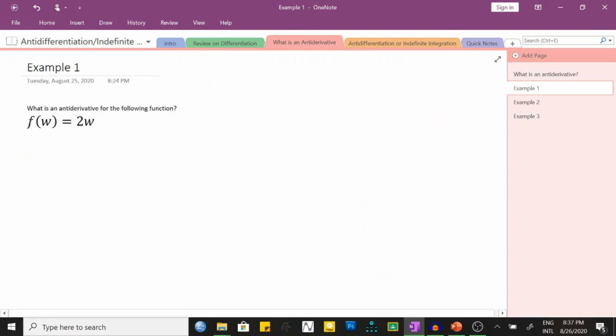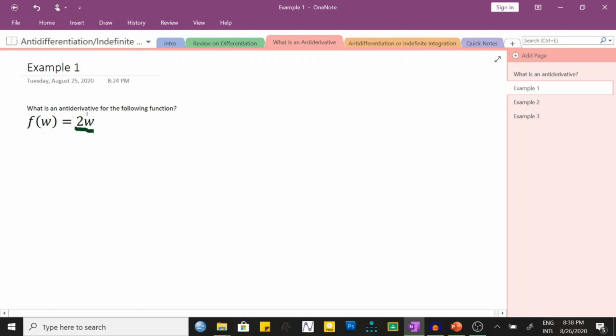So what is an antiderivative for the following function? f of w equal to 2w. This problem can be translated to: what is a function that, when differentiated, the result is 2w? And this is again familiar, right?